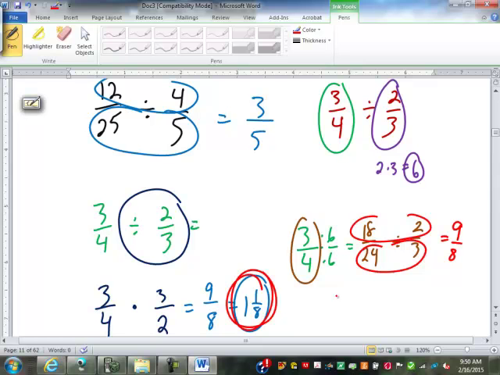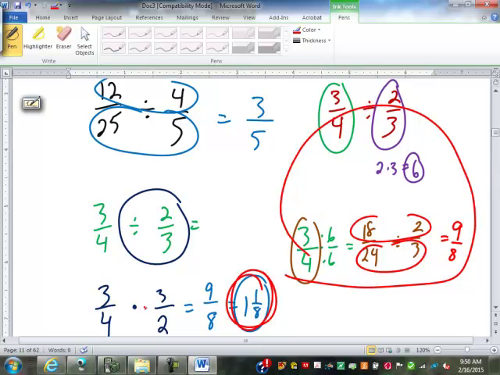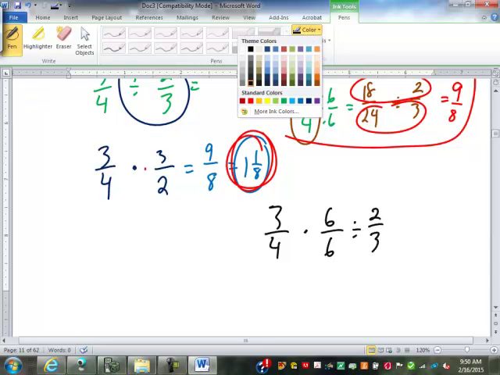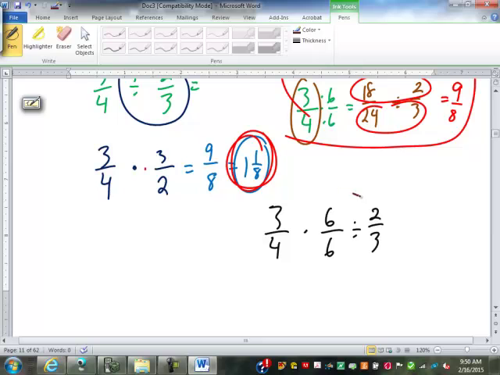So the question is, how on earth did we get from this to just dividing by the reciprocal? And it's not as big of a stretch as you'd think. Once upon a time, somebody looked at this and said, hey, instead of doing the 3/4 times the 6 over 6 first, if first we were able to divide, 6 divided by 2 is 3, 6 divided by 3 is 2.